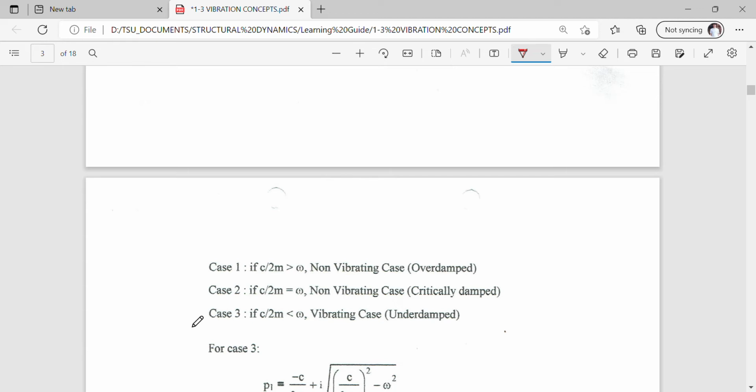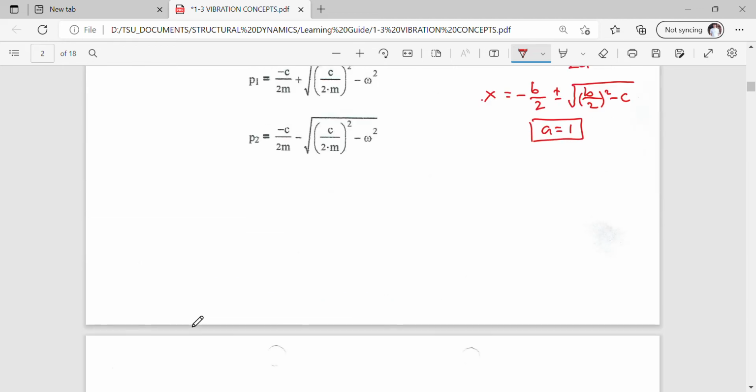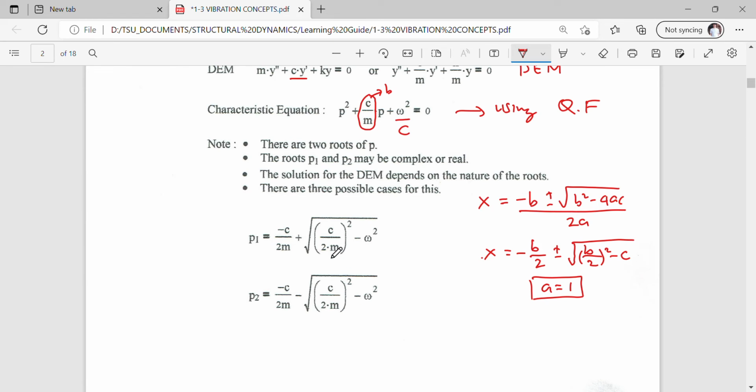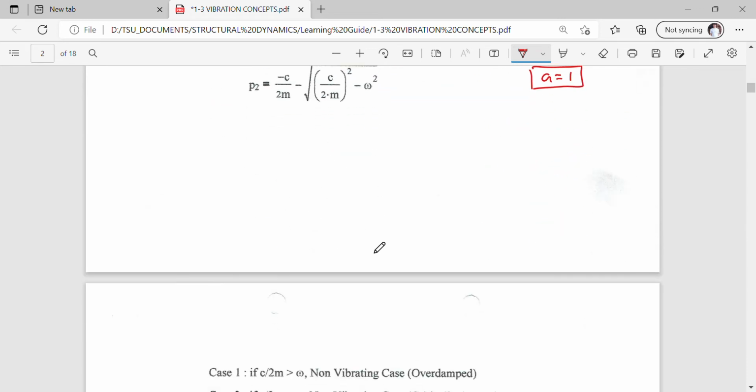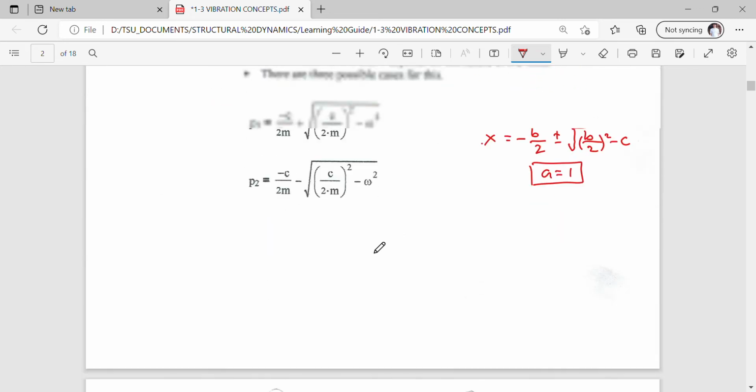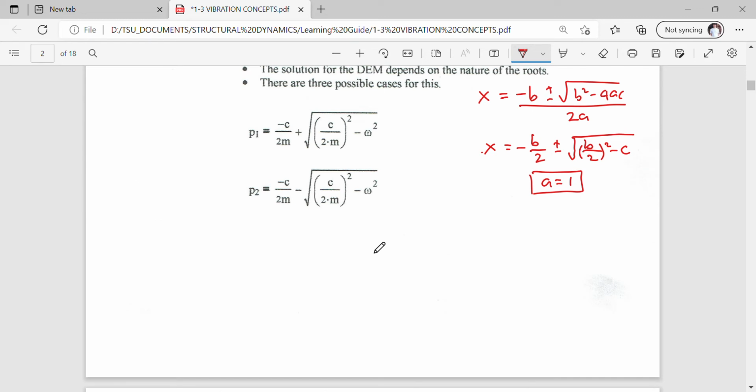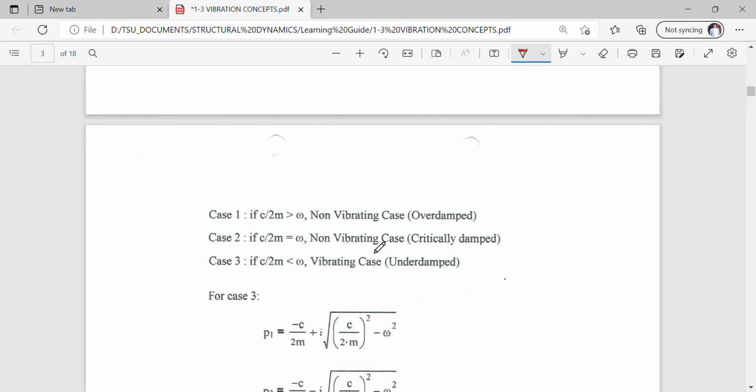If c over 2m is greater than omega, what happens to this? We will be having a real root. Okay? So this is a real root.